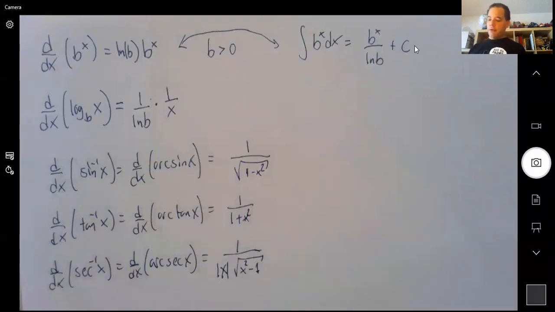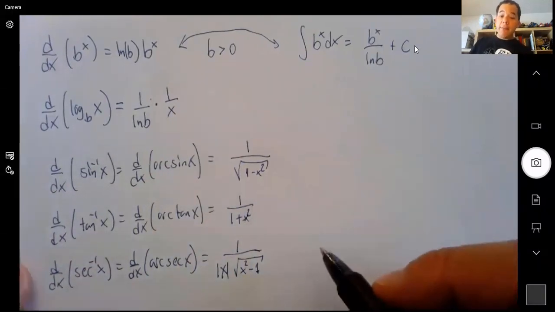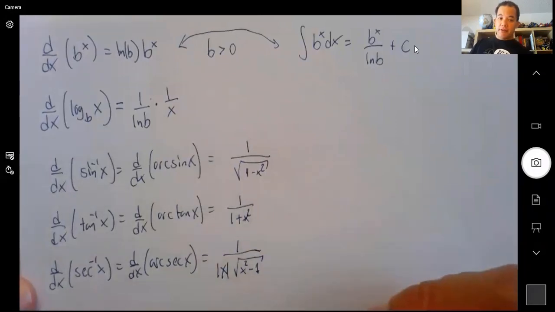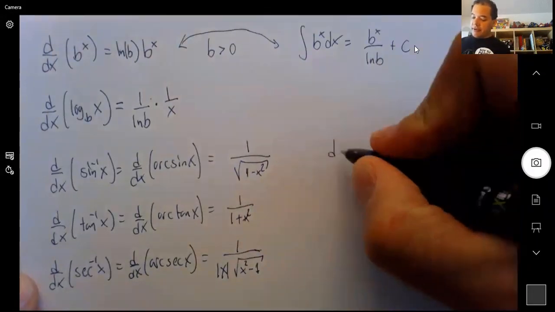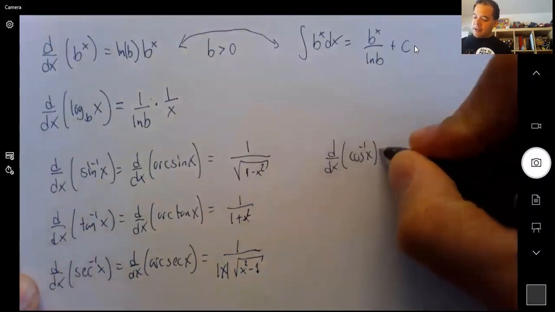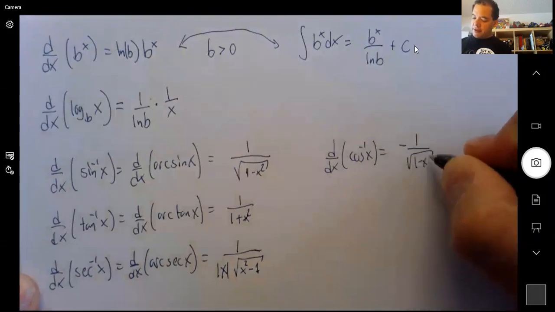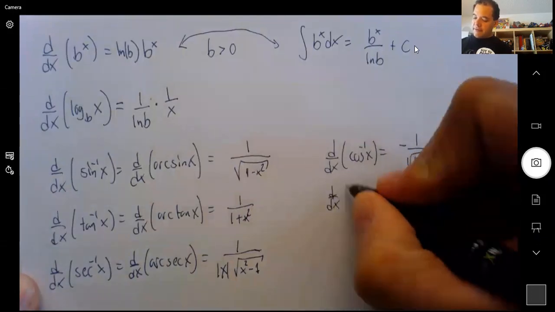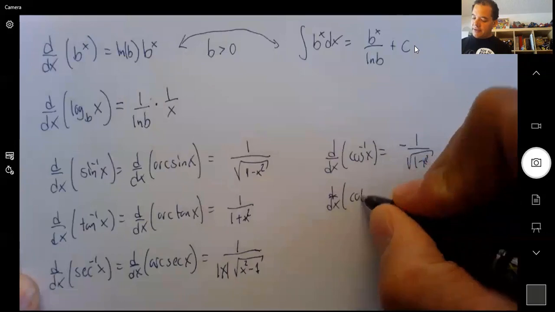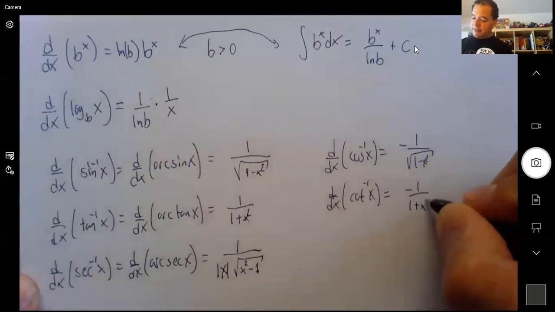And then once you know these three, the ones that are co are the same but with a minus sign, right? So the derivative of cosine inverse is just minus 1 over the square root of 1 minus x squared. The derivative of inverse cotangent is minus 1 over 1 plus x squared.